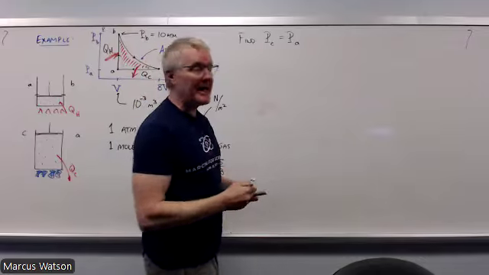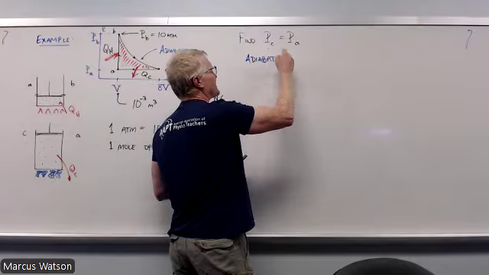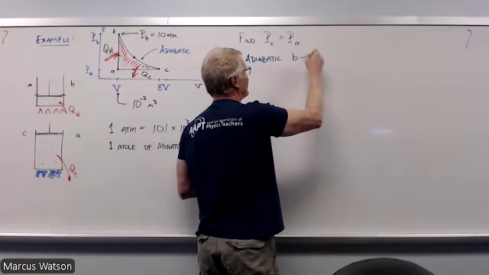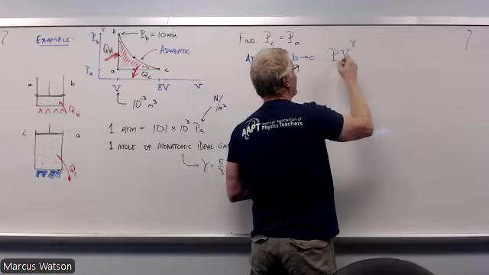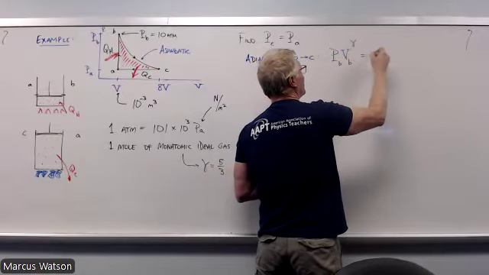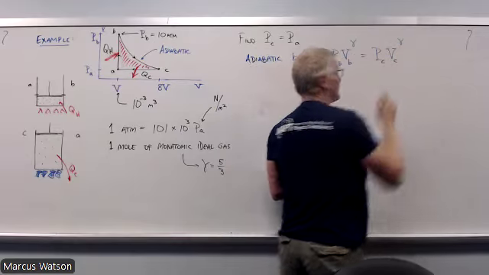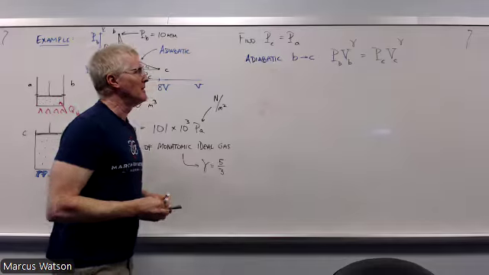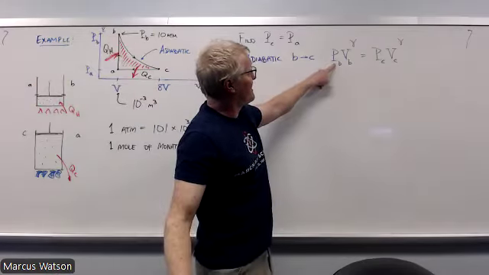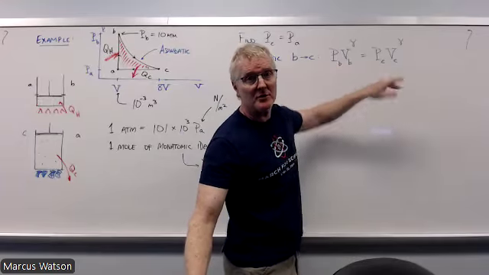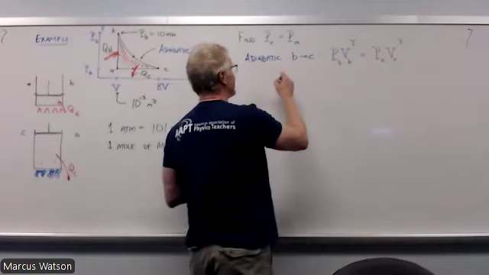We're going to utilize the adiabatic that connects B to C, which tells me that PV to the gamma at point B should equal PV to the gamma at point C. Since we know what gamma is, we know what the pressure at B is, and we know the ratio of the volumes, we should be good to go on finding what the pressure at point C is.